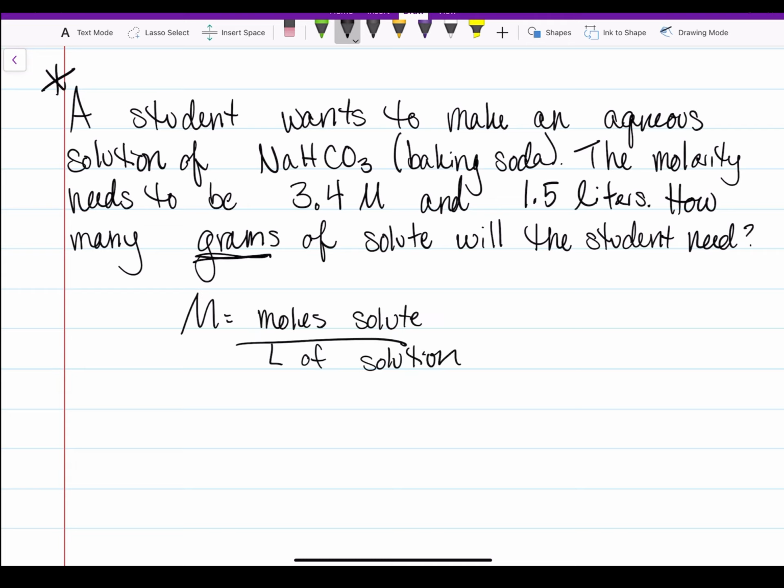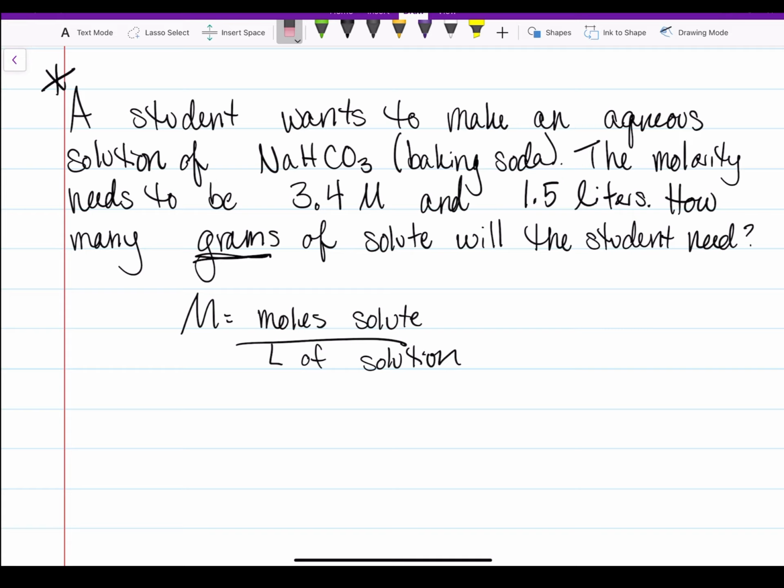So at first glance at this problem and looking at what we know about the molarity equation, we run into a problem, right? We're looking for grams. There's no grams on here. That's a problem. However, you guys and your awesome chemistry knowledge know that you can convert from moles to grams using molar mass. So that's what we're gonna have to do with this problem then.